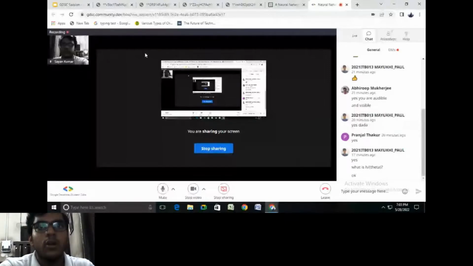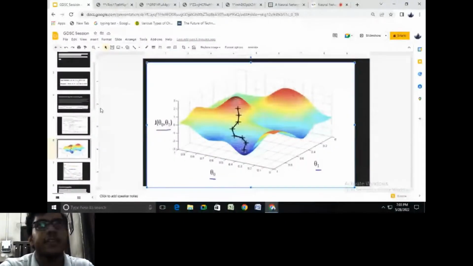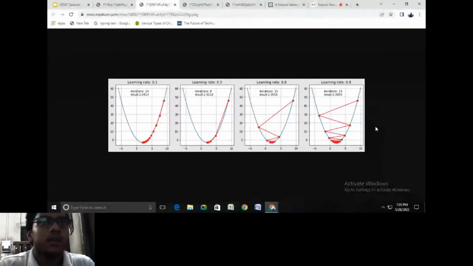Can anybody tell me what conclusion we can draw from this comparative study? Okay, I'll just say that. Here, in the first case, in the beginning, the strides are quite big.